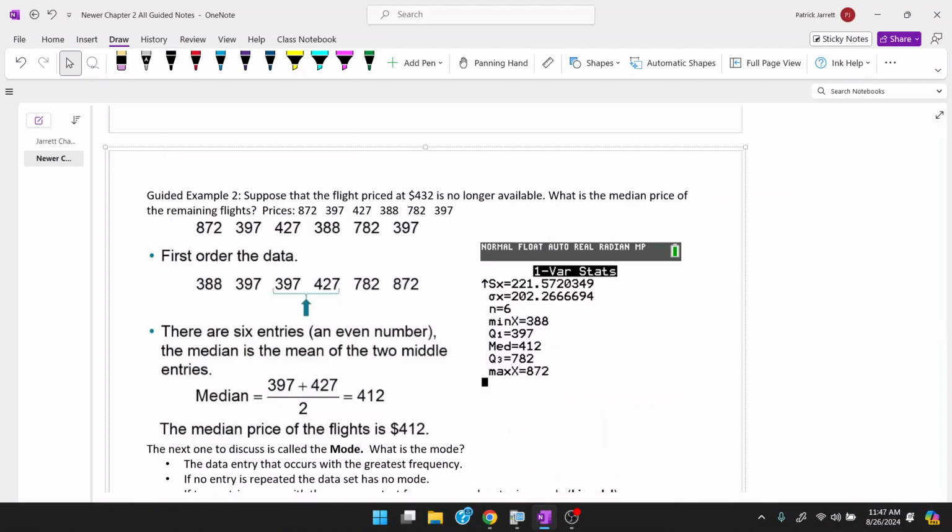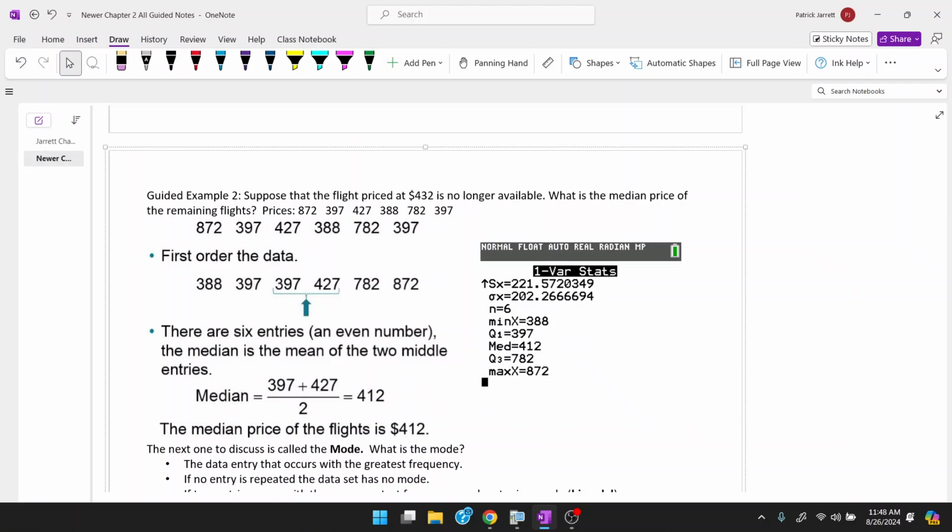All right. But the reason I go through this by hand is simple. $412, you might say, wait, that's not even in the data set. And it could be the same thing with quartiles, which we'll get to a little bit later today.